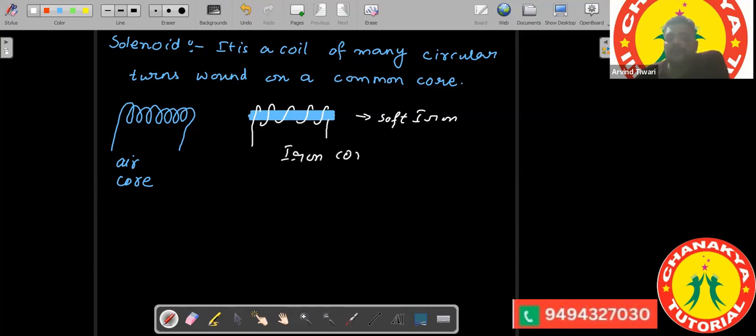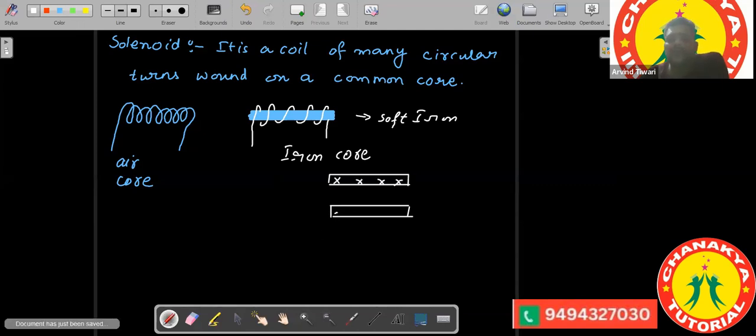There is another way to draw a solenoid. Both of them can be drawn in another way. It can be represented something like this. There are two symbols which can be used. Either you can use a cross like this, and here you can use a dot.